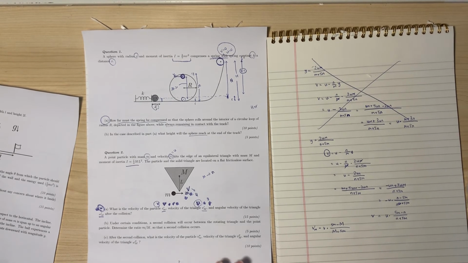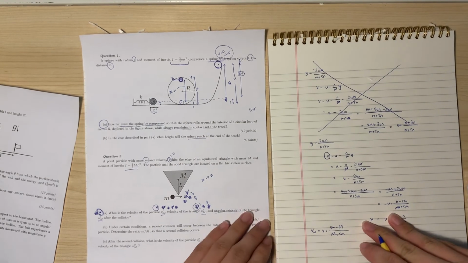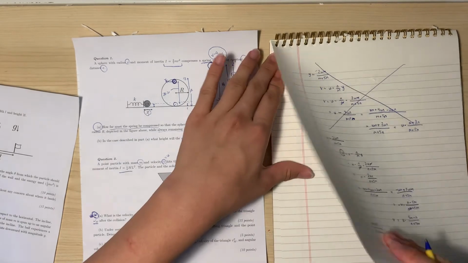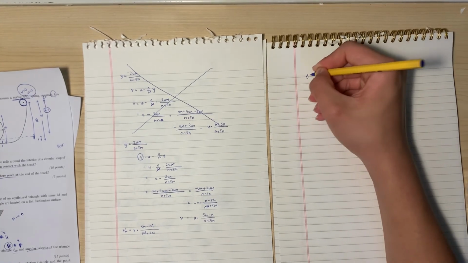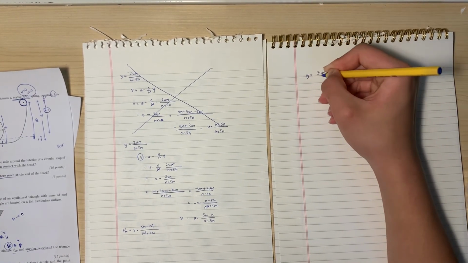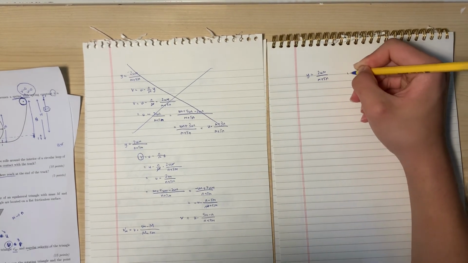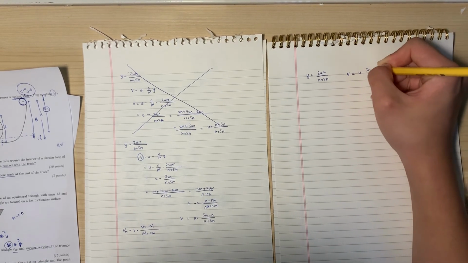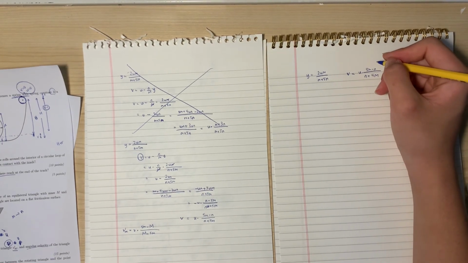And now we move on to the last part, which is the angular velocity omega. Let's just write down the answers we have, because they're going to be useful. We get y is equal to, and v is equal to u times 5m minus n over n plus 5m, and we're going to get omega.